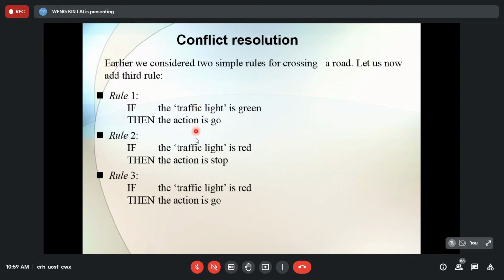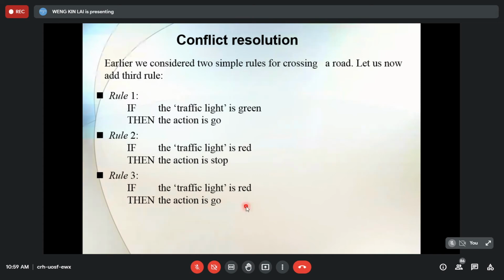Now, if I were to process the third rule here, I go. As a human, we know that this is actually not right. But in terms of a mechanical system that follows these three rules, what do you think it will do? It will be confused, because this rule is not right. That's what we call conflict. It's conflicting against the earlier two rules, because traffic light is red, you go.